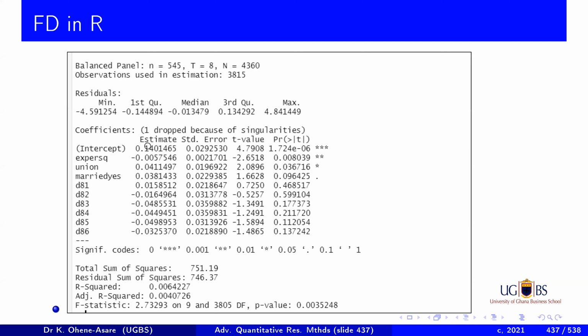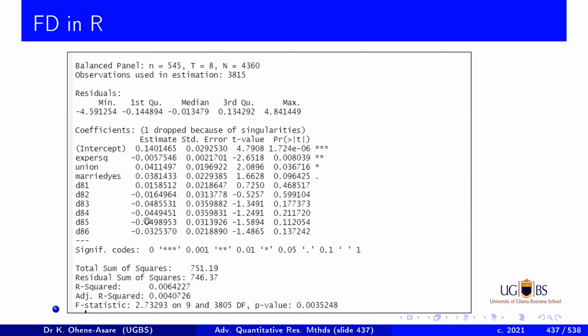But for now, if the assumption is that these unobserved specific factors should be removed, then first difference will be the way to go. We'll look at the merits and demerits of the first difference. We'll compare it to the limited dependent variable next time.